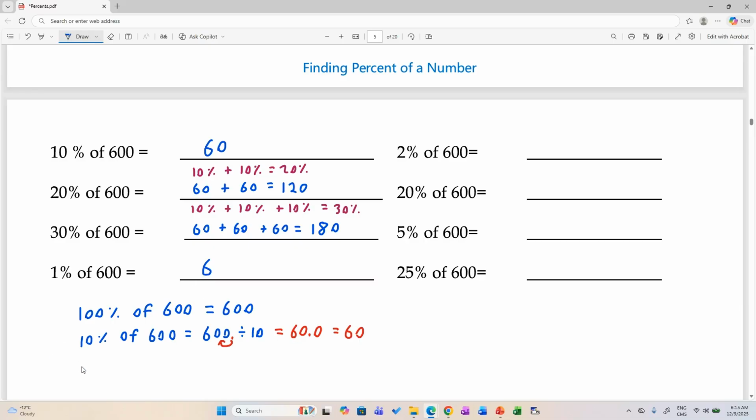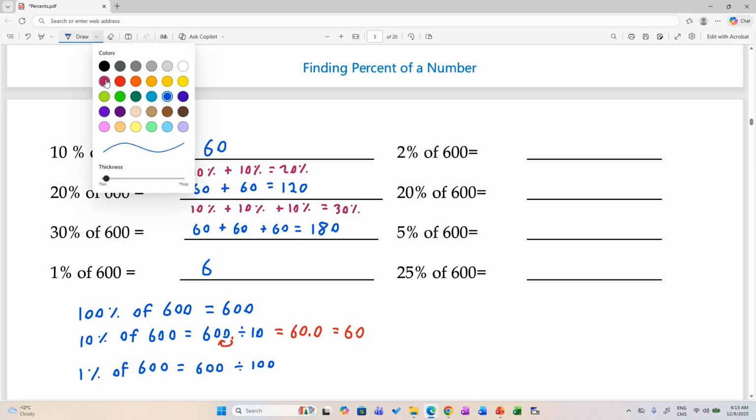Another way to think about it is this. Similar to how I wrote it down for 10%, if I simply was looking for 1% of 600, what's essentially happening is I start with 600, and instead of dividing it by 10 this time, I'm dividing by 10 twice, or I'm basically dividing by 100.